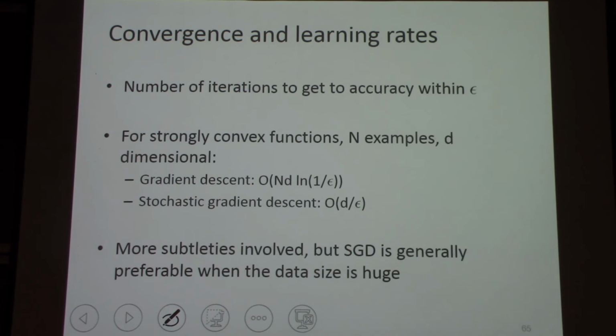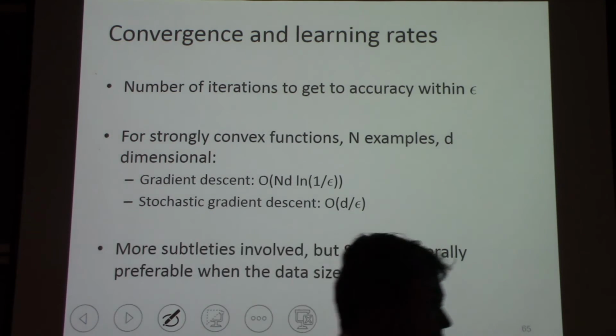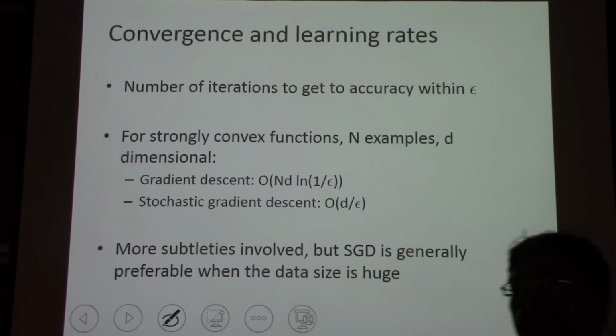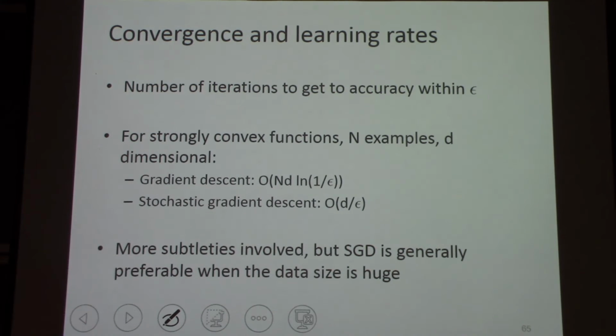And with respect to the theory, what we care about with this kind of algorithm is how quickly you can get to within epsilon of the best objective, the true minimum. There is a lot of theory, and I'm glossing over this just to give you the flavor of these results.